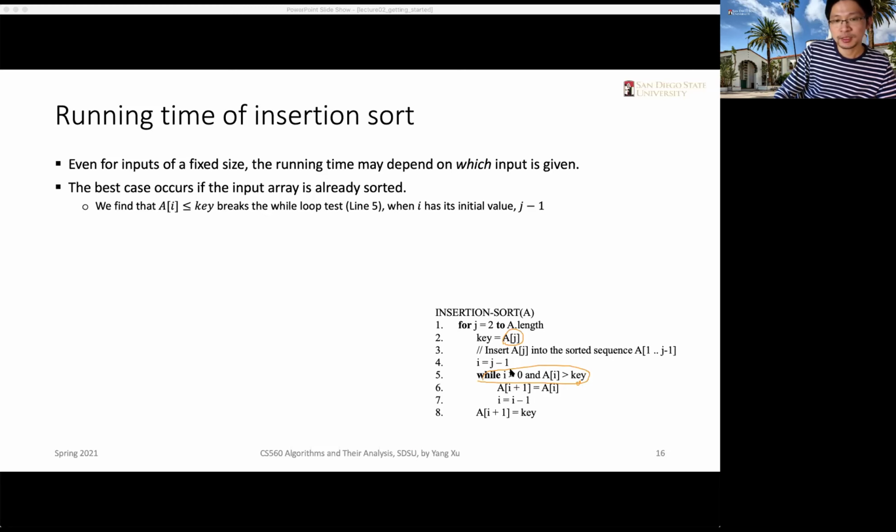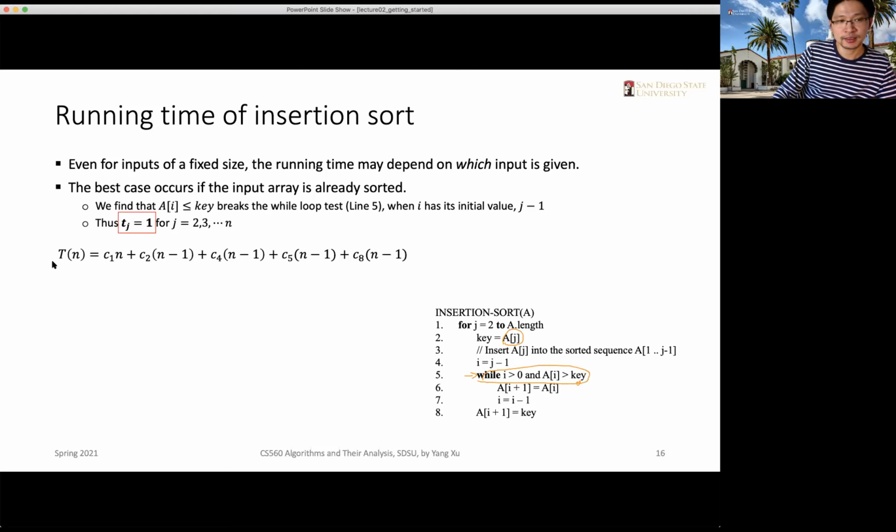And that means the while statement will only execute once for each time, right? So that means TJ equals 1, and it remains 1 for all J's. That is the best case. And in that case, the T of n will simplify to this form, which is a bunch of constants times n.